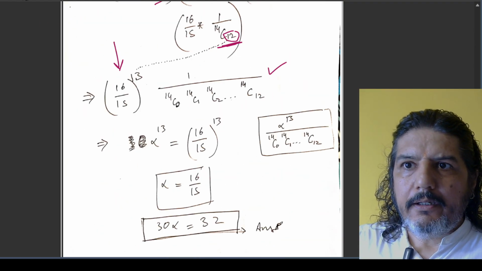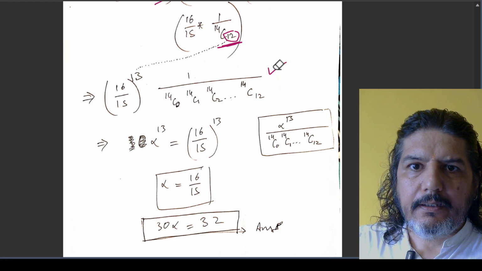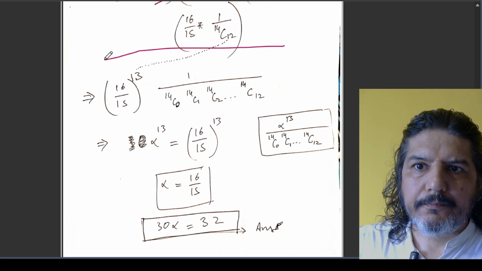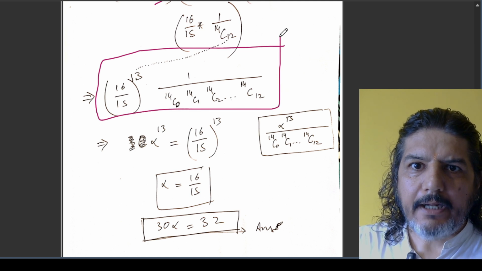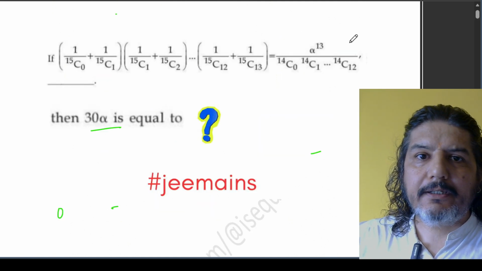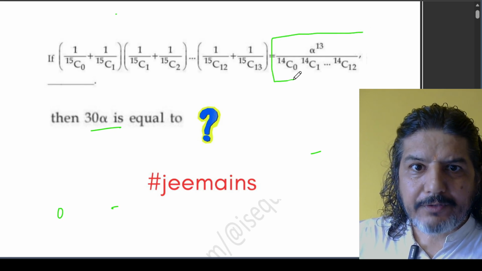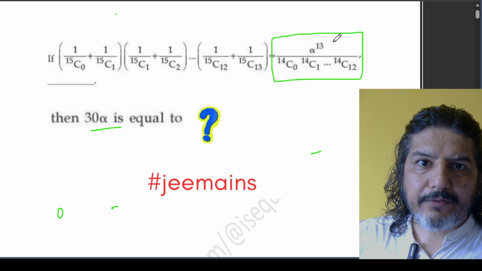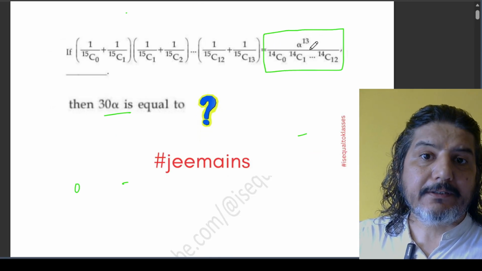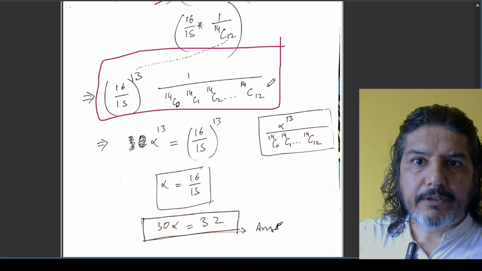So finally, what I have done is I have reduced my question to this. And now let us compare this with what we want. This is a result which has been given to you. Now let us compare this right hand side with the result I have got.